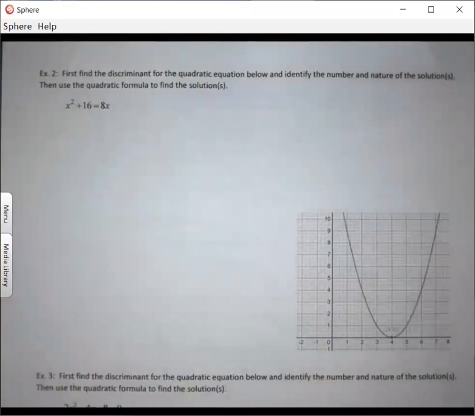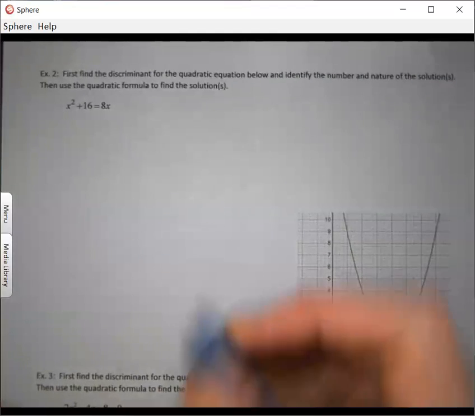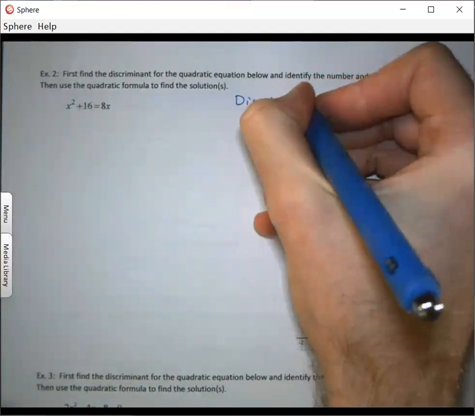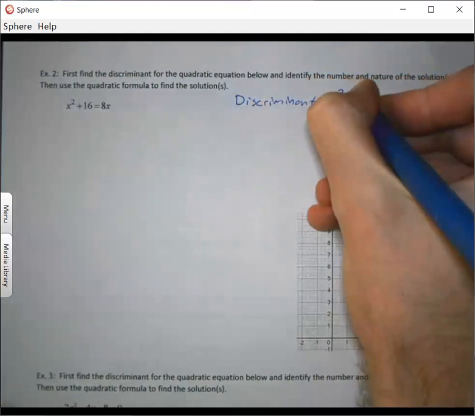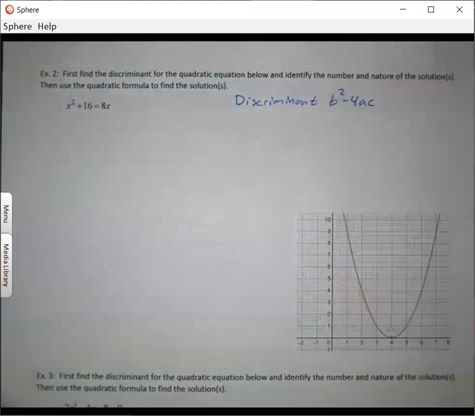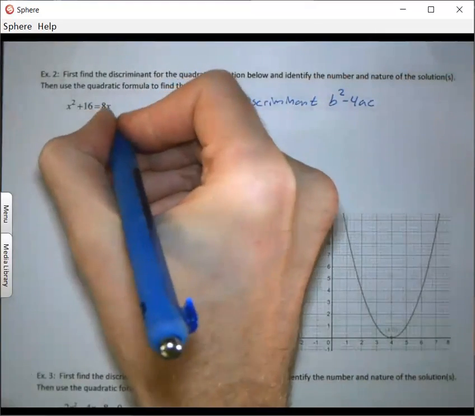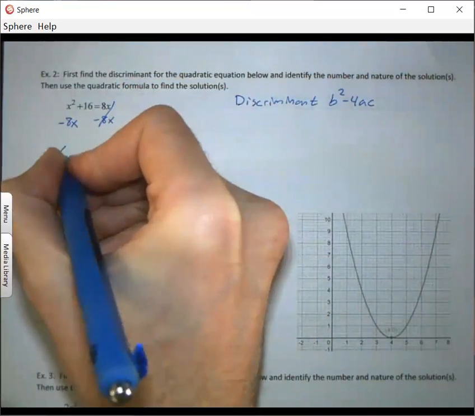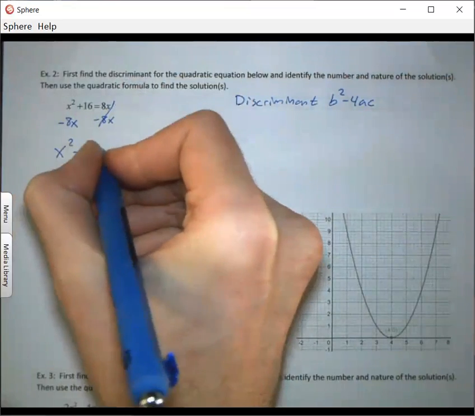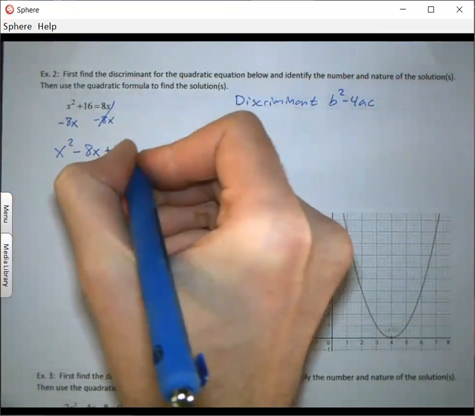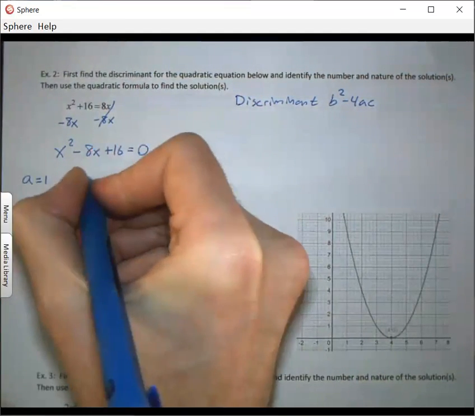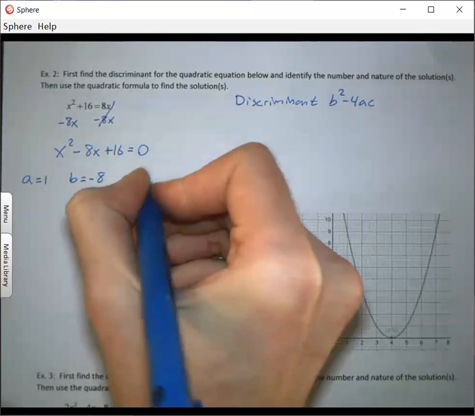All right, so example 2, go through the same steps. So first we want to find the discriminant. I need to put this in standard form, so take away 8x from both sides. So a is 1, b is minus 8, and c is 16.